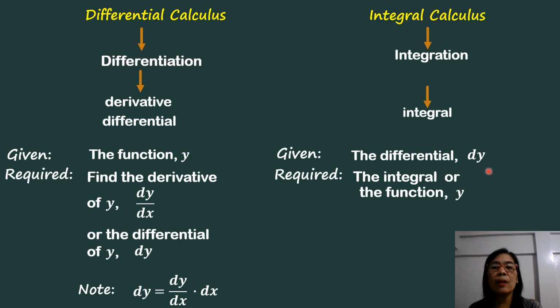So notice in here that the differentiation process and the integration process are inverse operations. In differentiation, we are given y and required to find the differential of y. In the integration process, we are given the differential of y, and we are required to find y. And so integration is also known as anti-differentiation, and the required integral is also known as the antiderivative.